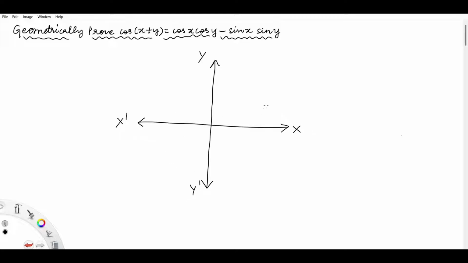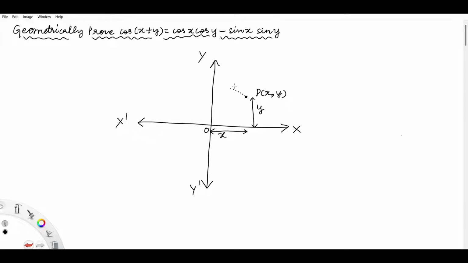X dash is the x axis, y dash is the y axis, and they meet at the origin O. Now let me take a point here in the form of P of x comma y. This means that this distance is x and this distance is y. This is what it means.